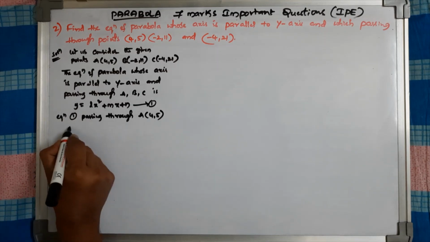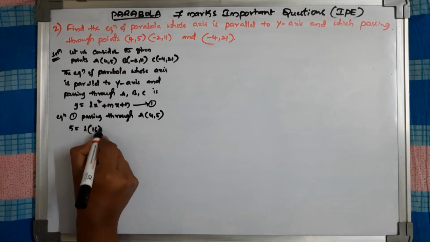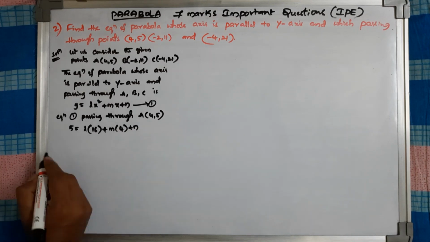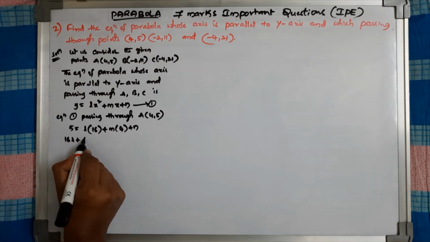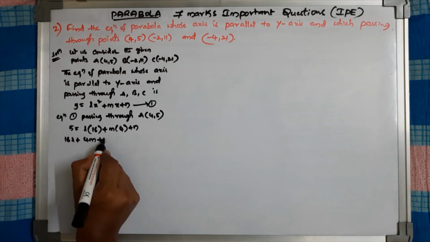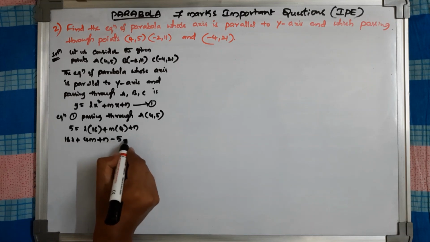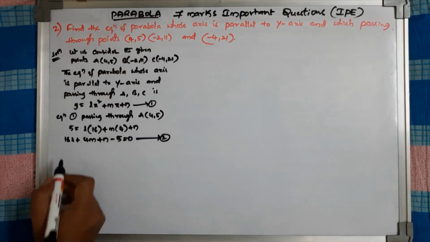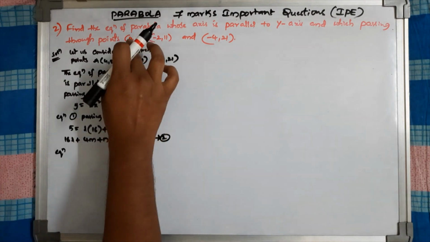Y, that is 5, equals L into x², that is 16, plus m into 4 plus n. So 16L + 4m + n - 5 = 0. Consider this as 2. Point A is over.